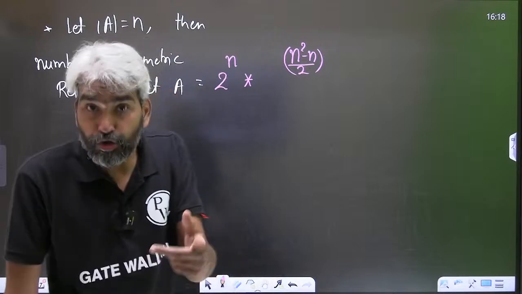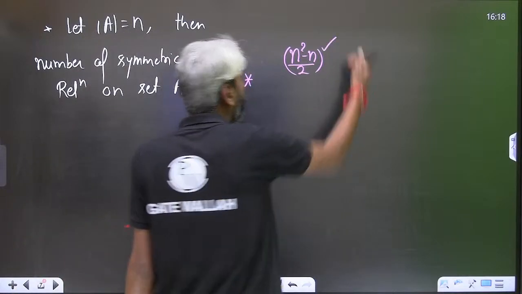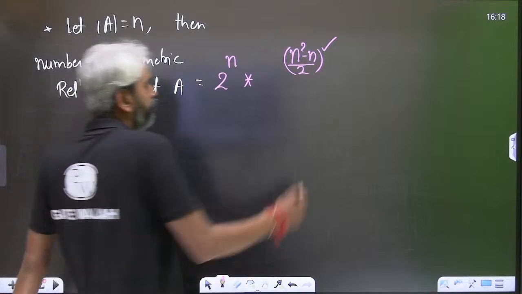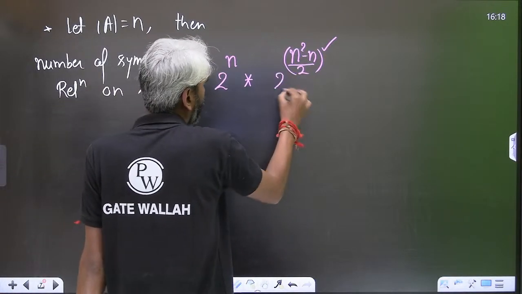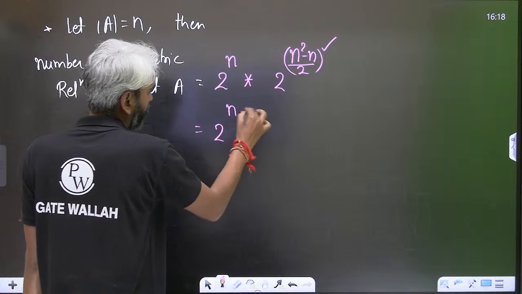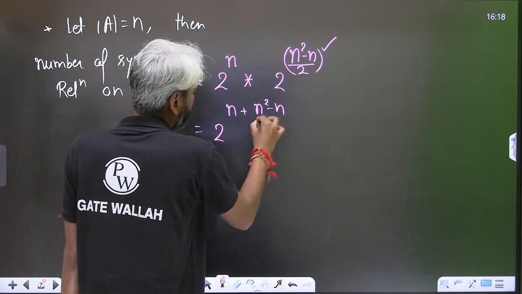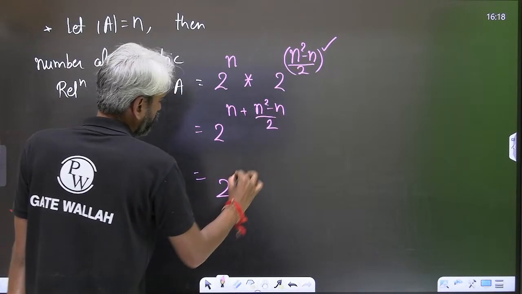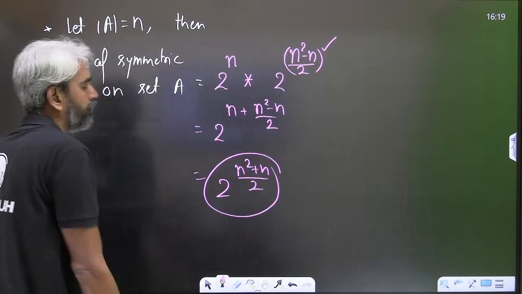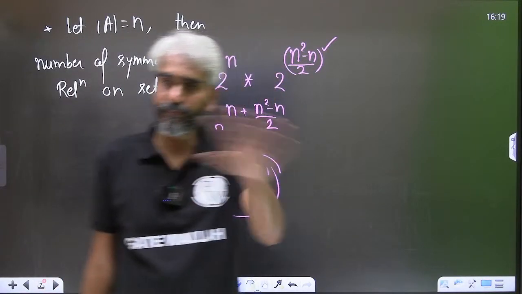So again, there are 2 choices for each one of those (n squared minus n)/2 symmetric pairs. So the number of symmetric relations will be 2 raised to the power n plus (n squared minus n)/2. If you solve this, it becomes 2 raised to the power (n squared plus n)/2. Clear? So these are the number of symmetric relations on set A.